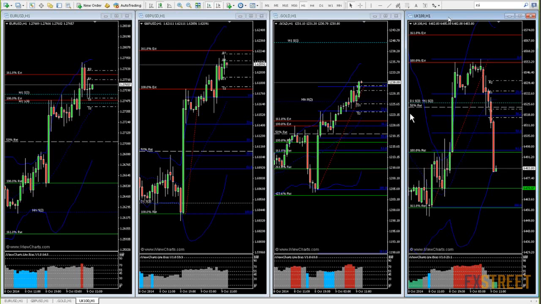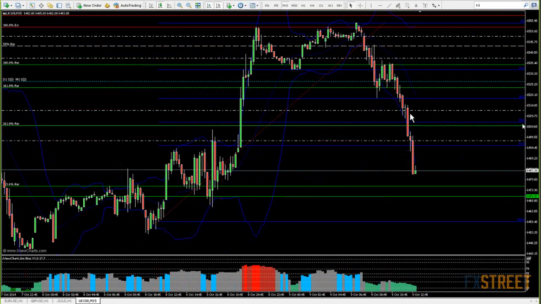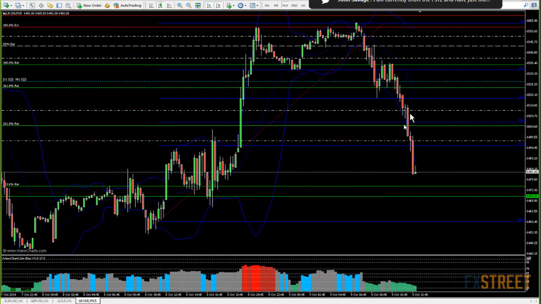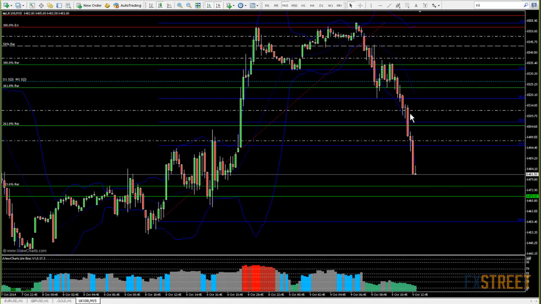Let's just look at this on a 15-minute chart. So again, there we go. So if it breaks this low, don't be surprised if we see a very, very quick breakdown to these lower levels, because we're outside the Bollinger Bands now.